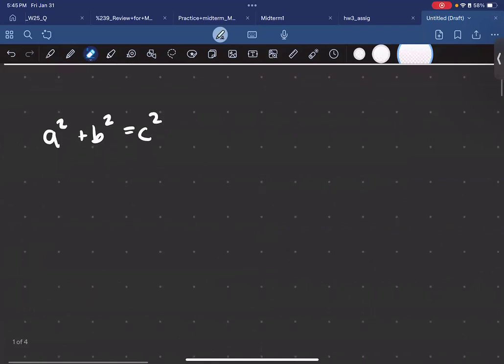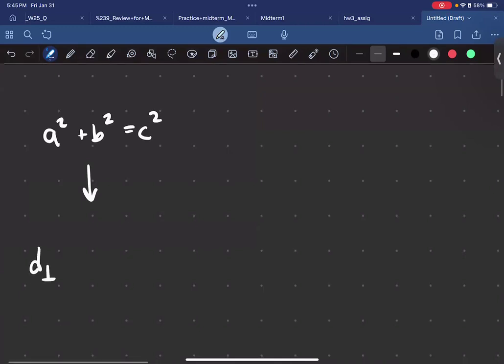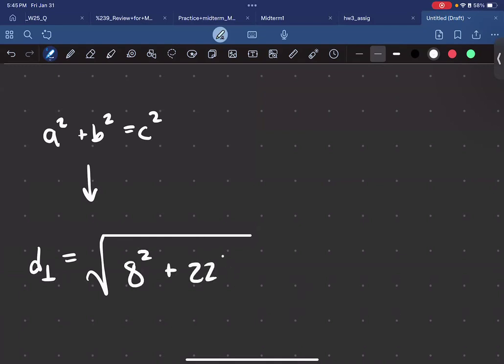So if I plug in for these values, c, or in this case our D perpendicular value, is going to be equal to the square root of 8 inches squared plus 22 inches squared, which is equal to 23.41 inches.